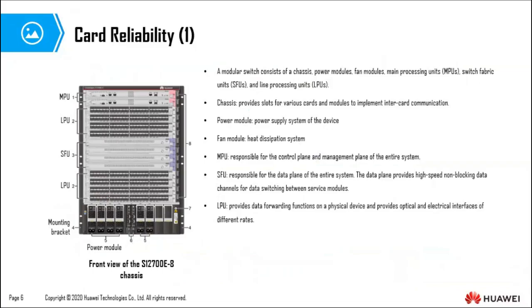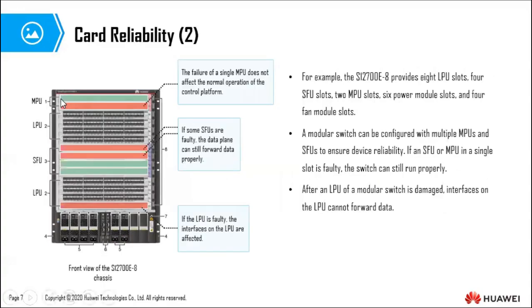So you can just plug out and plug in, plug out and plug in without the need to restart the device. Okay, so for example, in this switch, it provides 8 LPU slots, 4 SFU slots, 2 MPU slots, and 6 power modules, and 4 fan modules.